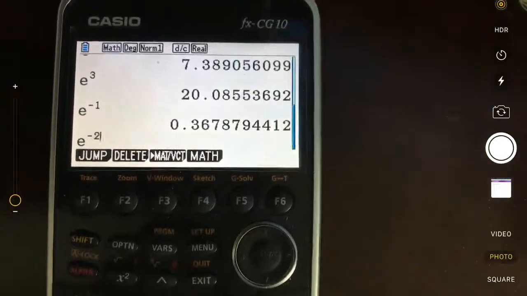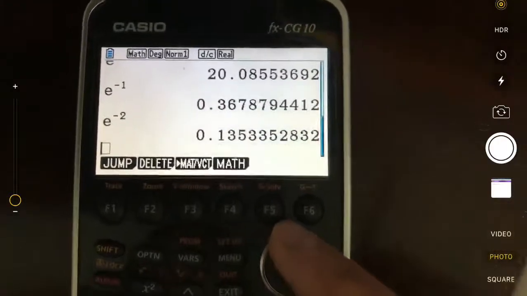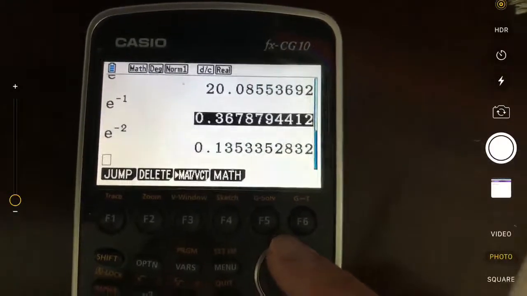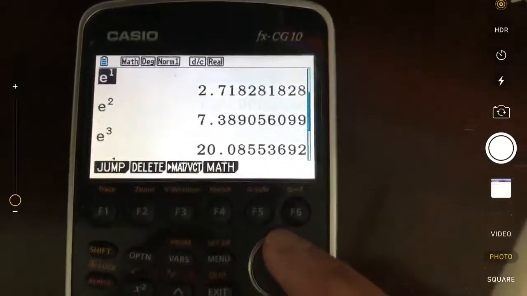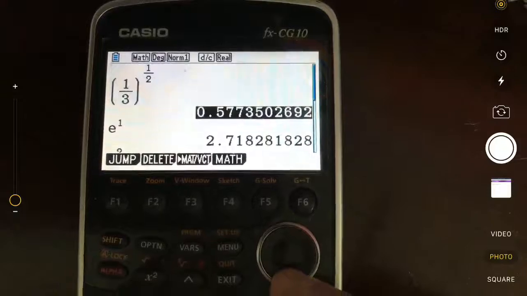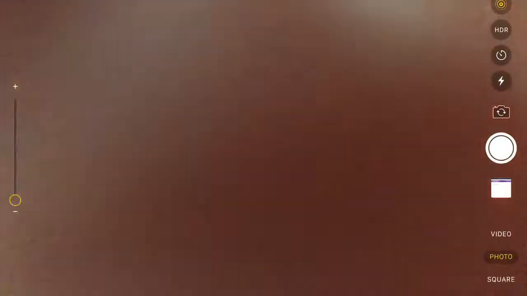I could do a -2. And there is a reason why I'm doing all of these. I'm going to come back to it. So do you see these values? Hopefully you're writing them down, or you've got them on your calculator so that you'll be able to refer to them as we go through graphing.